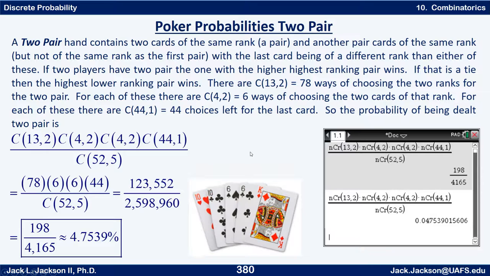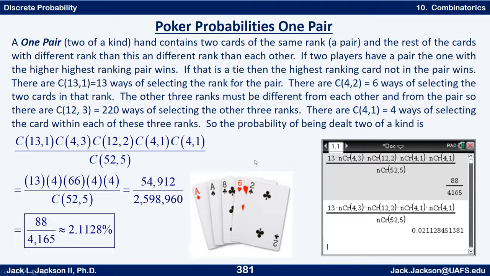So there are 52 minus 8 is 44. So there's 44 left, and you could choose any one of those. So 78 times 6 times 6 times 44 is 123,522, and that is the number of different 2 pair hands. So that probability then reduces to 198 over 4,165, or about 4.7539%.